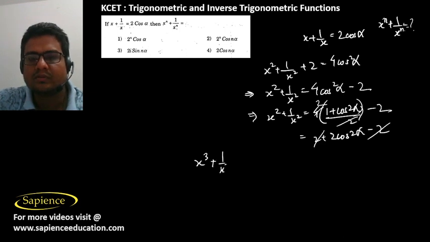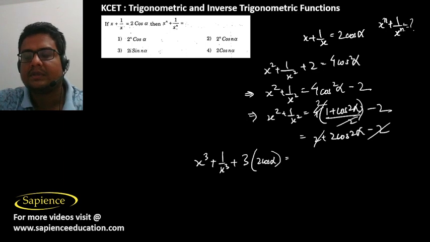Similarly, if you do x cube plus 1 by x cube, if you take cube on both sides, then we'll have x cube plus 1 by x cube plus 3 into (x plus 1 by x), that is 3 into 2 cos alpha, equal to the cube of this, so 2 cube is 8, 8 cos cube alpha.